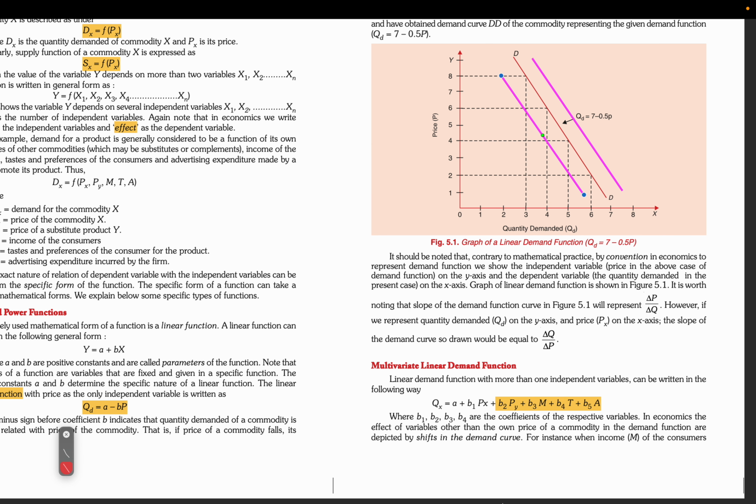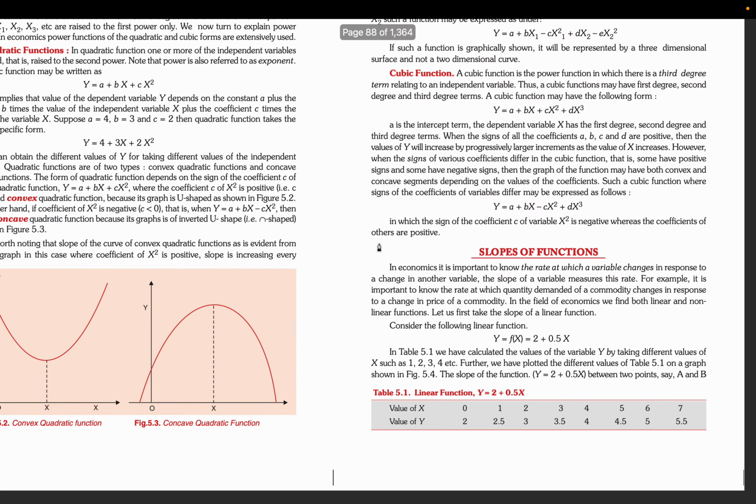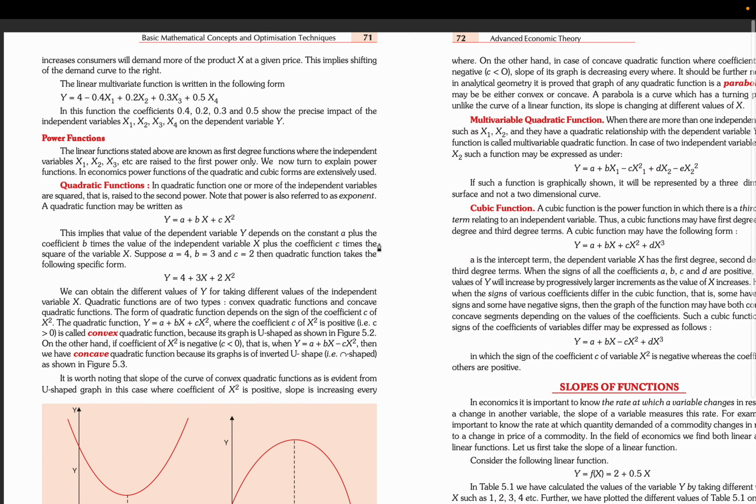Okay, so let's see the example. For instance, where income M of the consumers increases, consumers will demand more of product X. This implies shifting the demand curve to the right. The linear multivariate function is written in the following form.